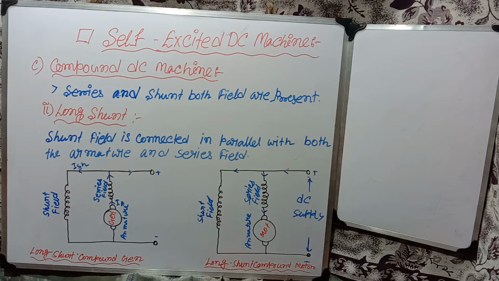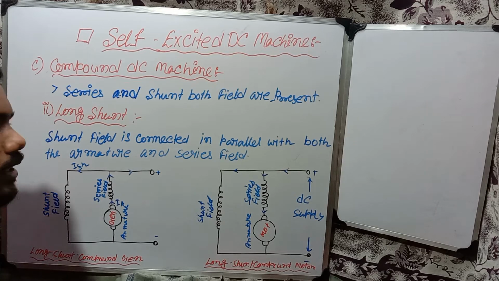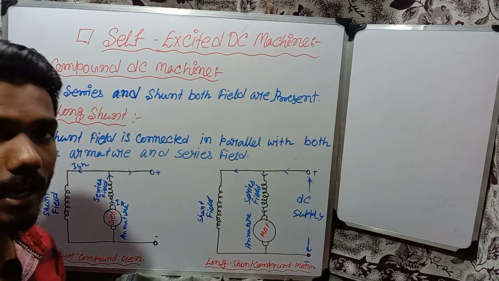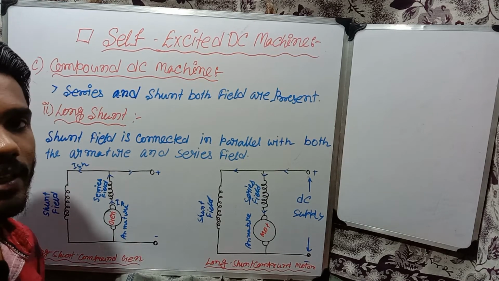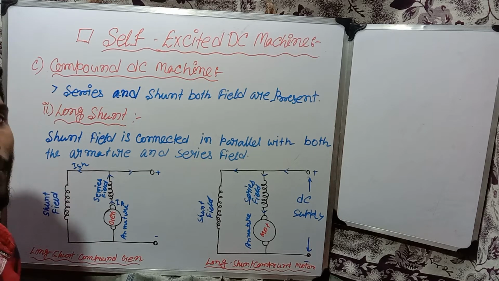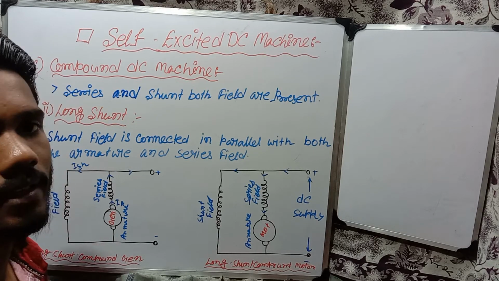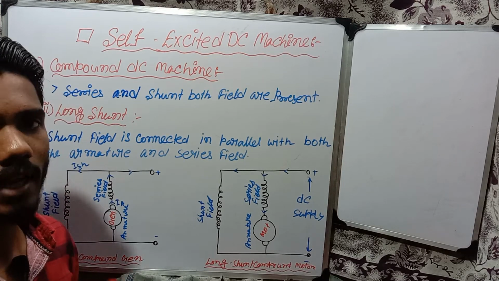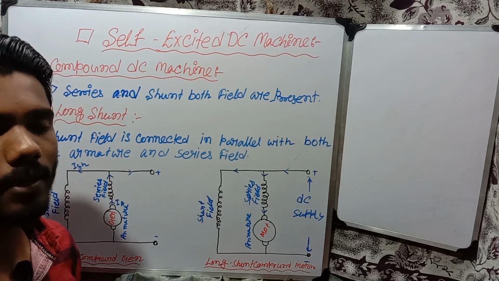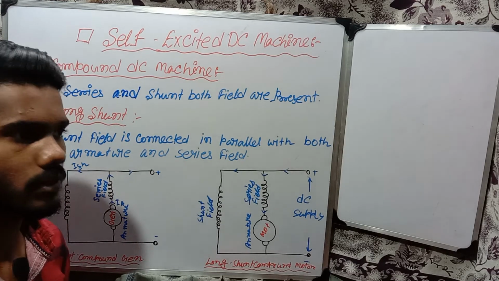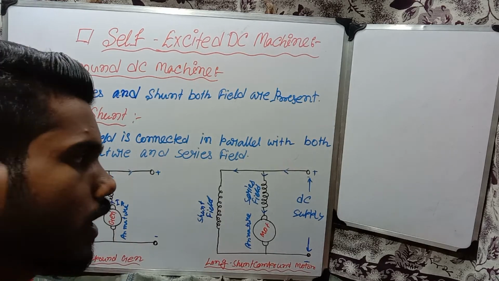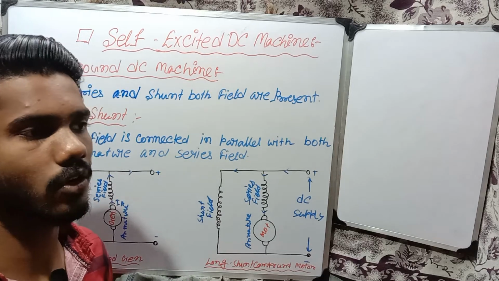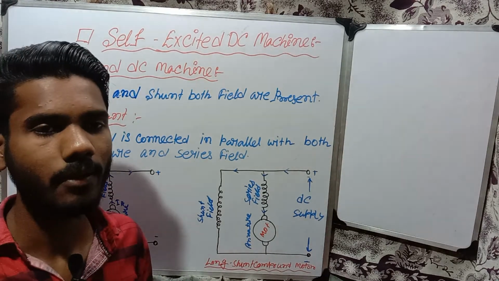So a long shunt compound DC machine means the shunt field is connected in parallel with both the armature and series field. If the shunt field is connected in parallel with both the series field and armature, then we can call this a long shunt compound DC machine.